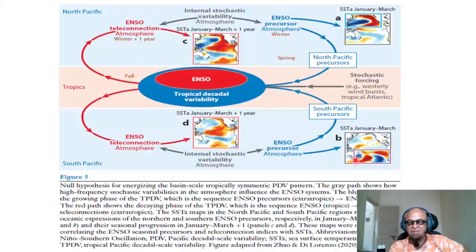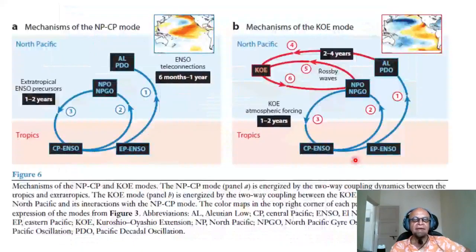What do you get out of this? Basically that there are all kinds of feedbacks happening from the tropics to extratropics, and so it is a fully coupled mode, but is influenced by and influences the other extratropics in both hemispheres.